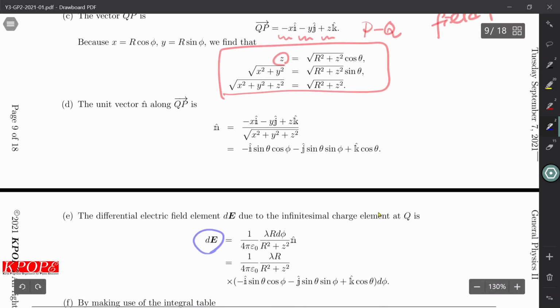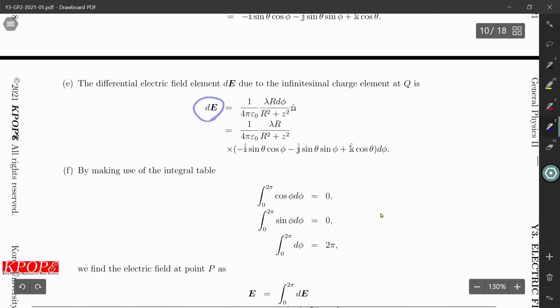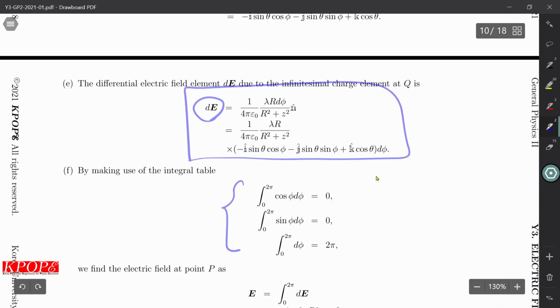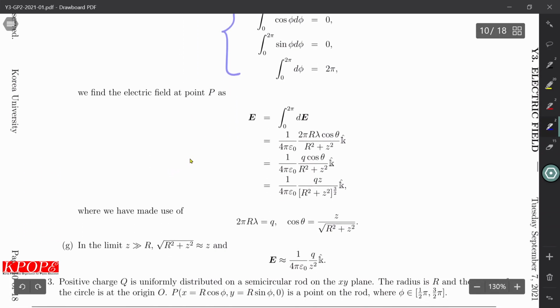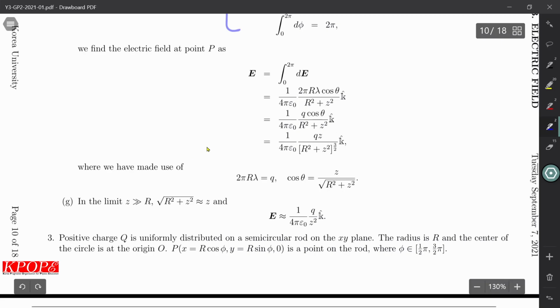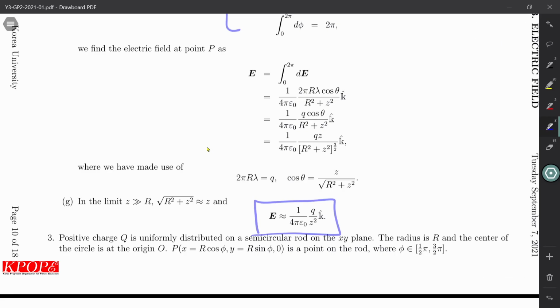So, substituting these results, we can do the following integral. The integral table is given in here. You can just follow the calculation, and you'll find that the electric field due to a circular charge distribution is like that.